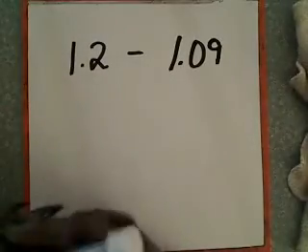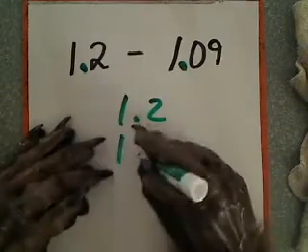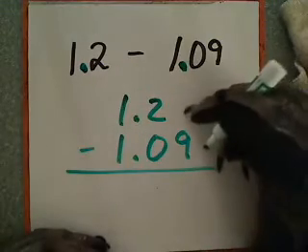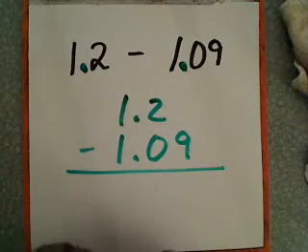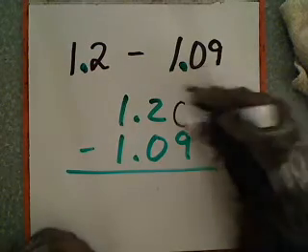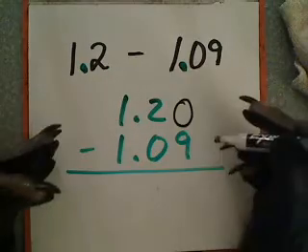So the first thing you do, once again, is find your decimals. Then you're going to line them up. That means you're going to rewrite it so that they're lined up. And what do I need to put up here? Because I have 2 down here. What do I put on top? You said it. 0. All right. So now we're ready to subtract.